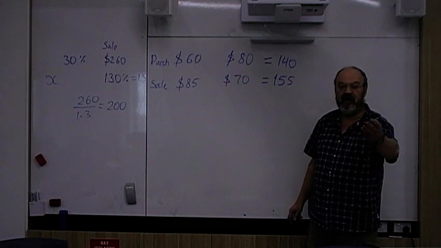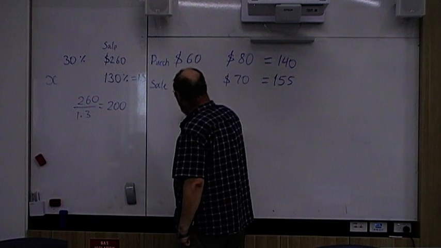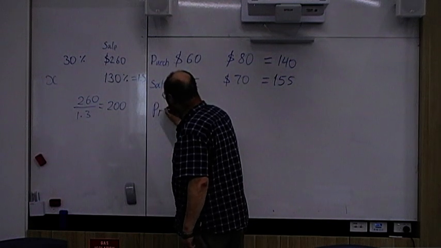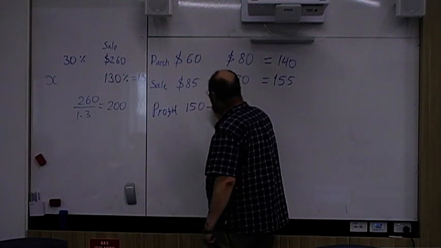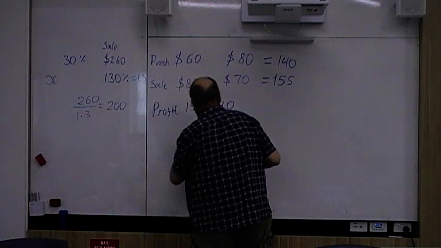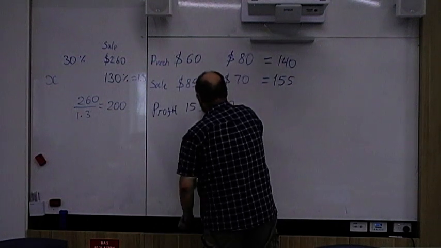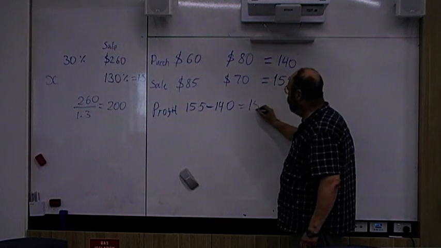We find the dollar profit. You always do sales minus your purchase: 155 minus 140. So you made $15.